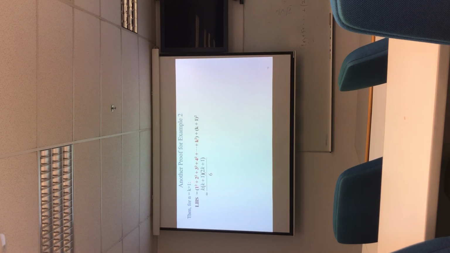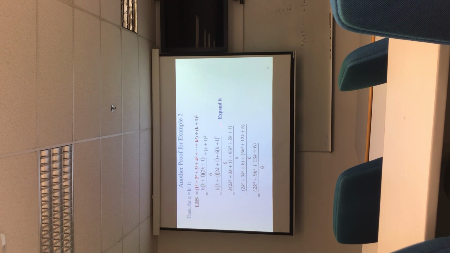So we substitute in here, replacing it by the right hand side from the induction hypothesis. Then we get this. This one is from the induction hypothesis, that means the sum until k term.